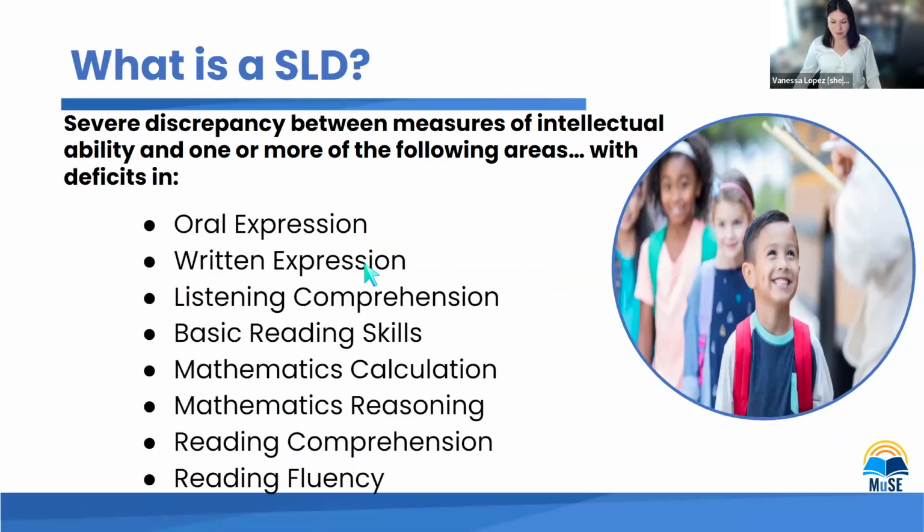So now, why is it that so many of our English learners qualify for special education services under SLD? Well, it typically happens because when a referral is made, we have a child who may be struggling with oral expression, written expression, listening comprehension, basic reading skills, etc., ad nauseam.